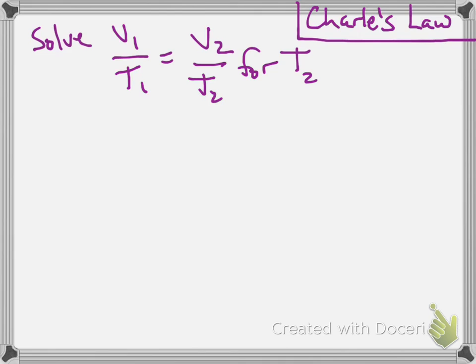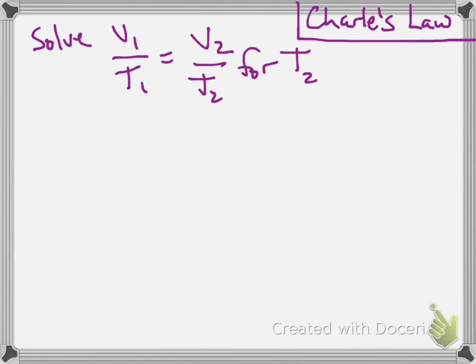What we're doing here is we're solving this equation, V1 divided by T1 equals V2 divided by T2, for T2. Now, this can be a little tricky on the surface because we have something in the denominator, in the bottom of the fraction that we're trying to solve for. But if we cross-multiply first to remove that fraction, then we're going to make our lives a lot easier.